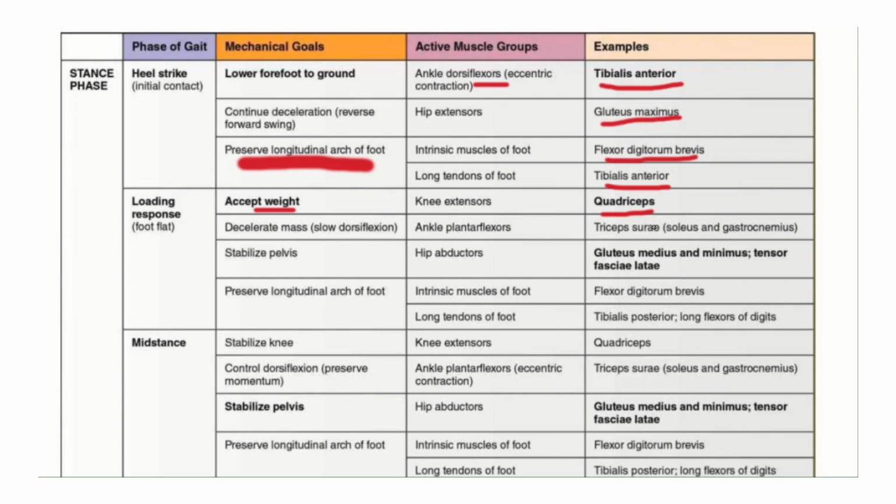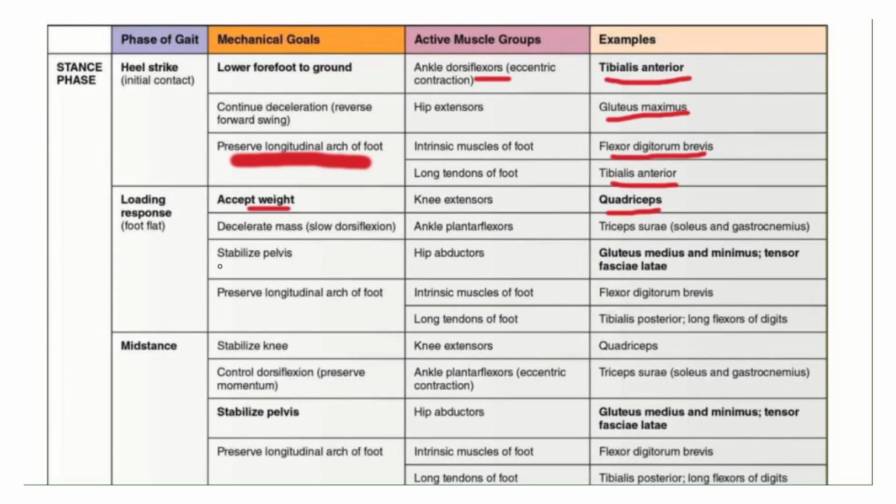Moreover, the hip will also have the tendency to tilt toward the opposite side. So to stabilize the pelvis, the gluteus medius and gluteus minimus as well as the tensor fascia lata, overall the hip abductors, will be working to correct that and to resist that.